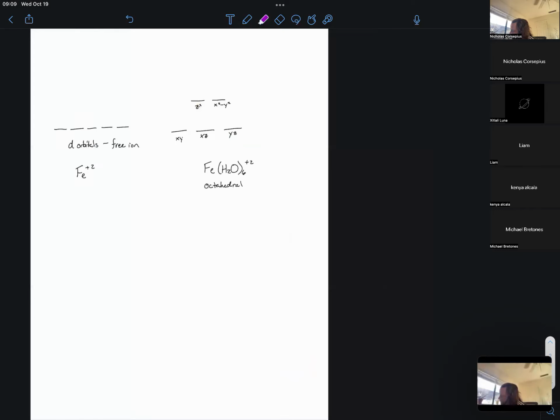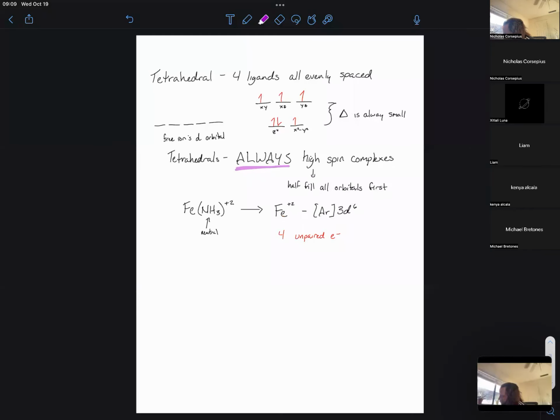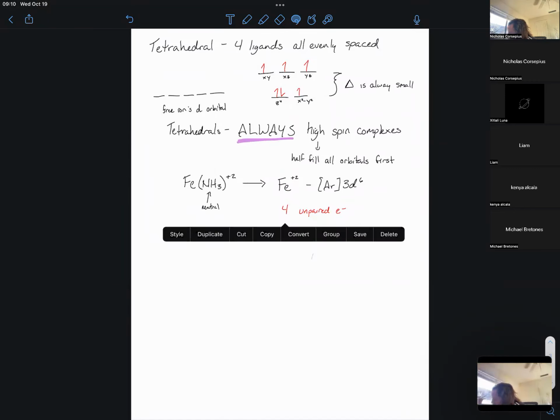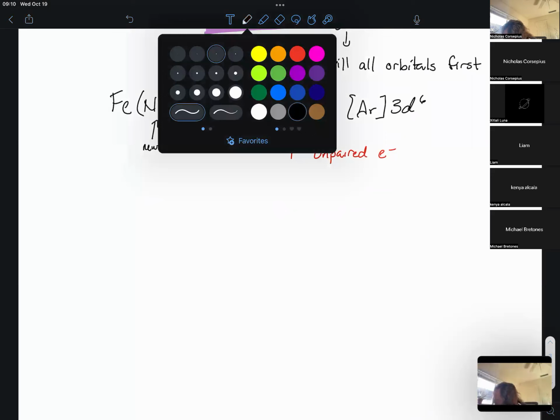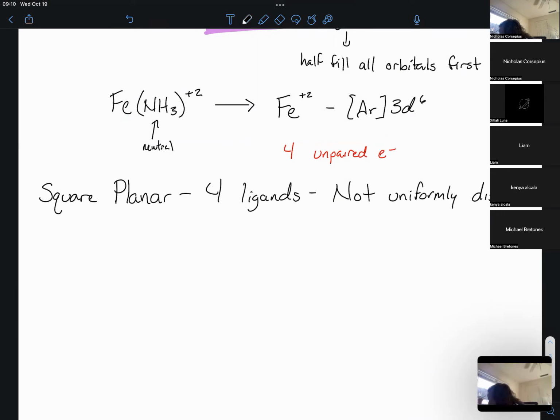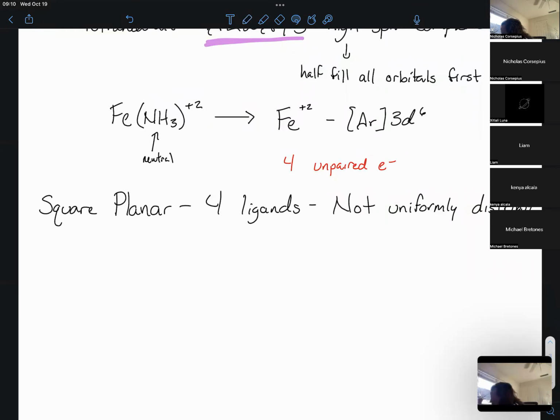All right, so then the last one are square planar complexes. These also have 4 ligands, but they are not uniformly distributed.